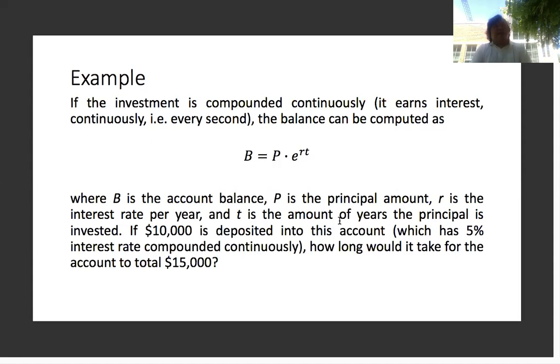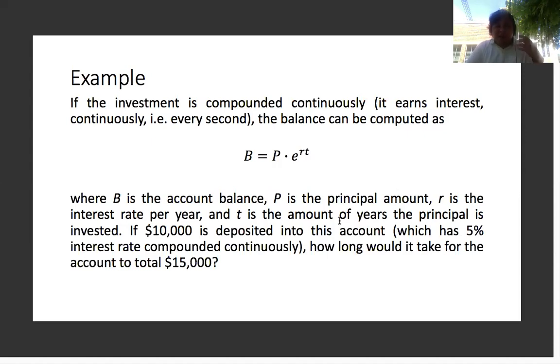Usually investments earn interest at the end of a month or sometimes at the end of a year. But sometimes some investments are actually compounded continuously. I think it attracts more people. Okay, so it has particular drawbacks. If you'd like to research on it, you are of course free to do so.